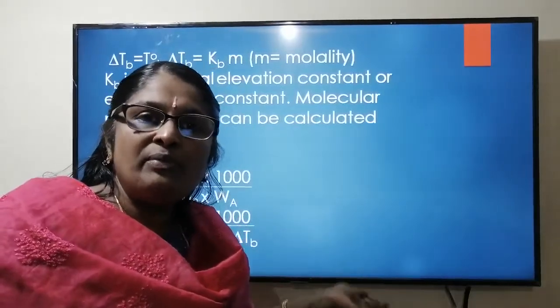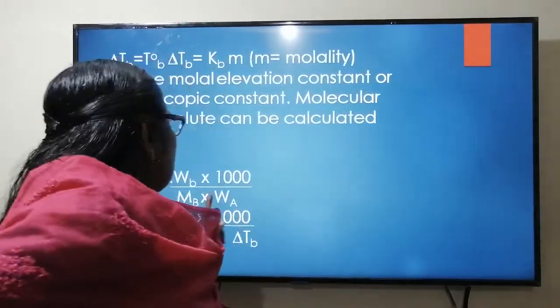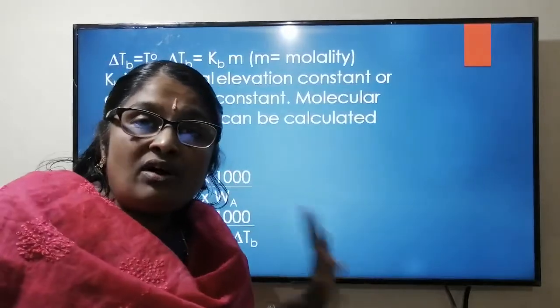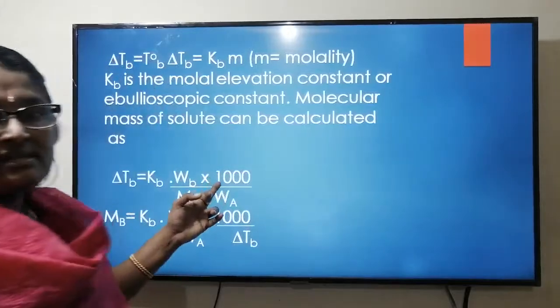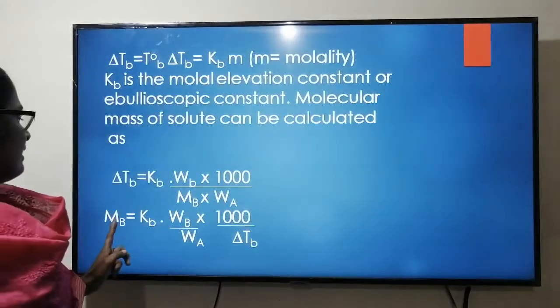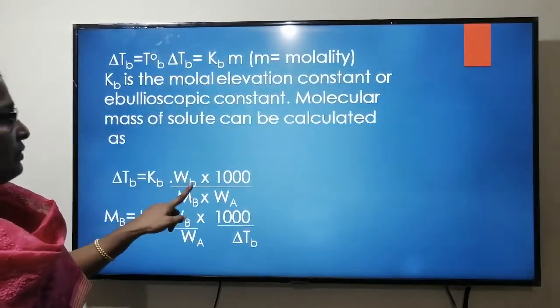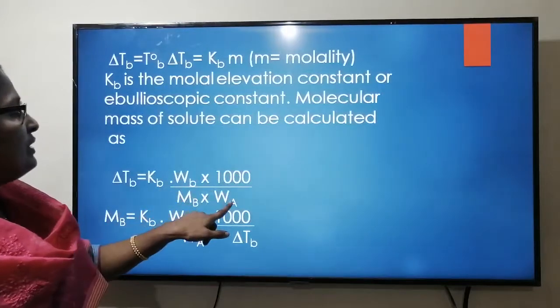The mass of solvent is Wa in gram, so into 1000. So delta TB is equal to Kb into Wb into 1000 divided by Mb into Wa.